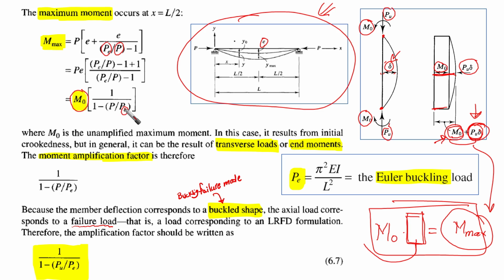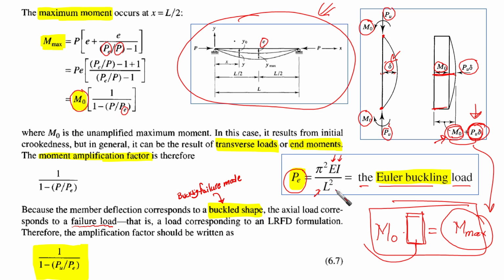Remember, PE is what? The Euler buckling load, which equals pi squared EI over L squared. It takes into consideration the material, represented by E, the cross-section of the element, represented by the inertia, and the length of the element, represented by L.